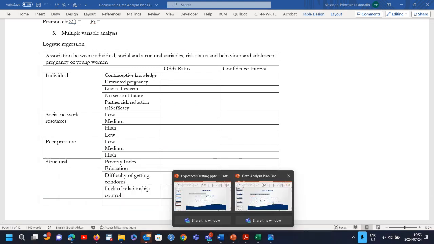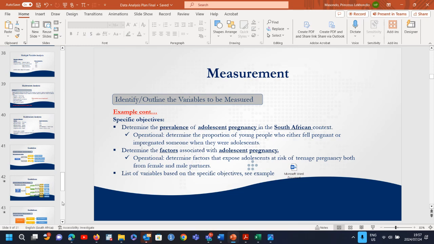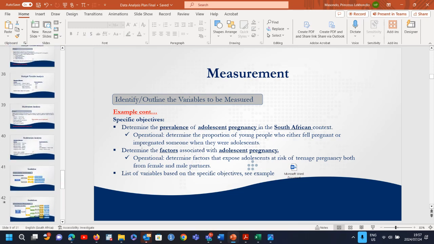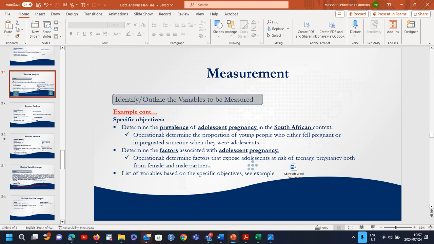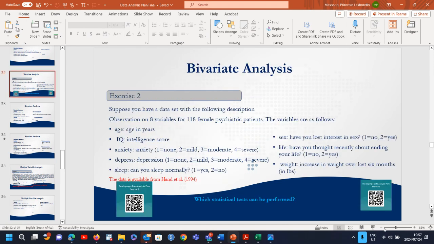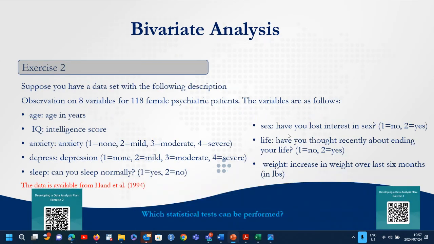So just to conclude, we can take the exercises as I go through the questions. We can start with exercise 2 and then do exercise 3 as I go through the questions in the chat.